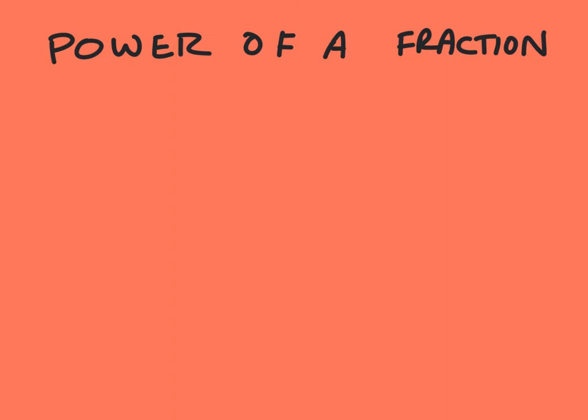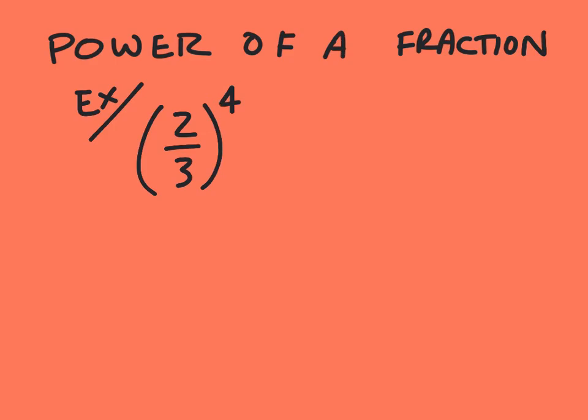All right, the next one, let's talk about power of a fraction. Remember, fractions are your friends. So let's look at an example here. Let's do 2/3 raised to the 4th power. Now, if I've got a fraction that I'm multiplying by itself 4 times, I'm going to write that as 2/3 times 2/3 times 2/3 times 2/3.